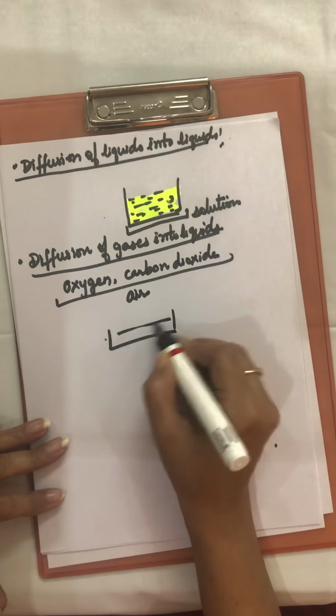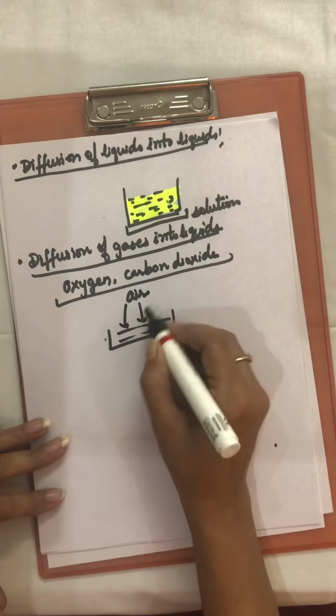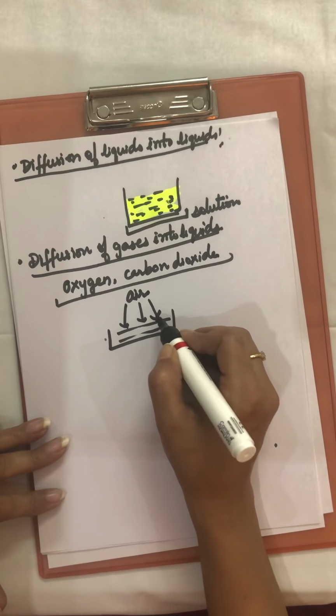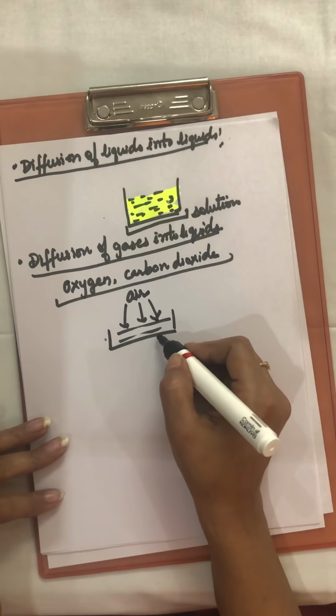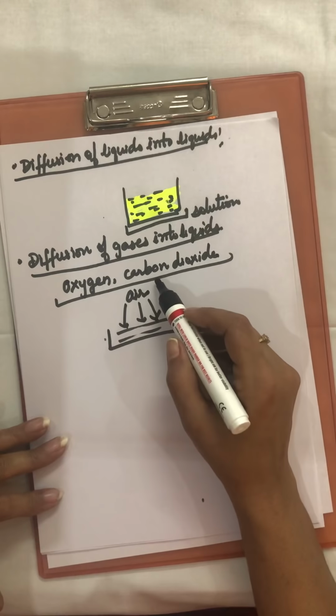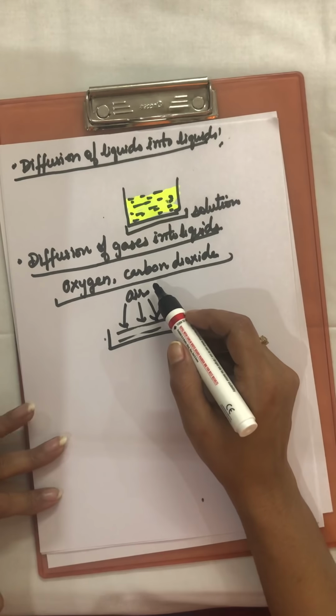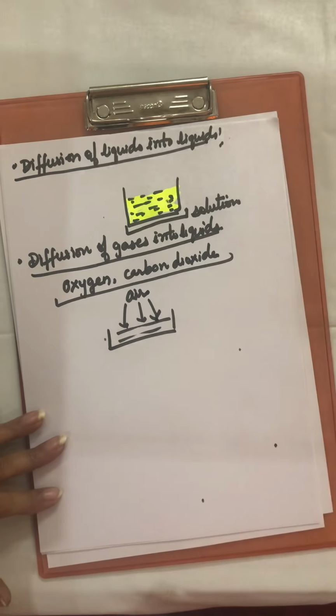They start mixing up into the water, that is, they dissolve in water. And these gases are required for the survival of aquatic animals and plants because they can diffuse into the water. So the animals and plants in water can take these gases for their survival.